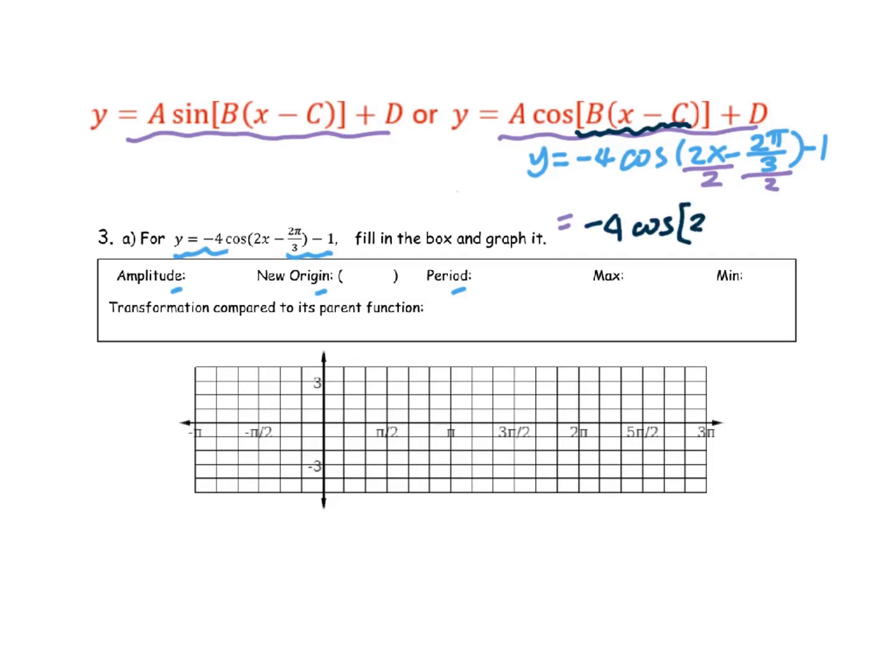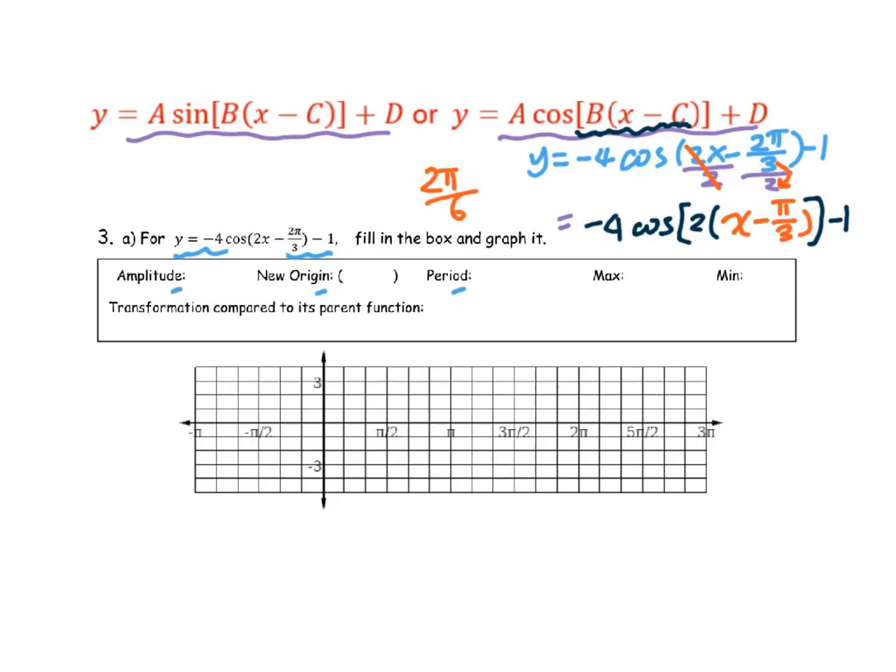Then we take a 4 outside. This will be x minus this drop down. You will get 2 pi over 6. That means pi over 3 minus 1.